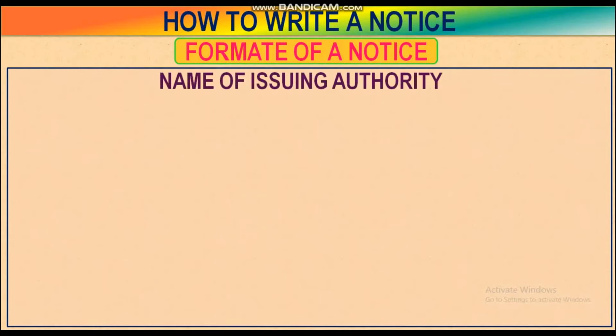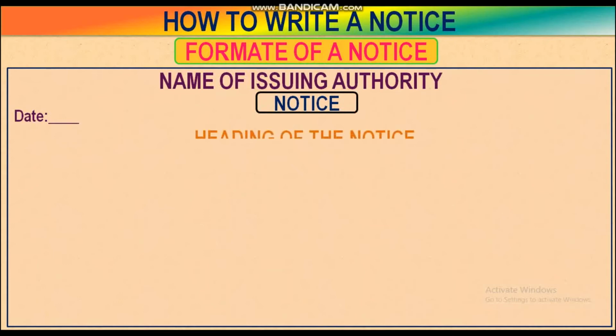After that, write the word notice in the center point in a box. Then, write the date on the left hand side. After that, write the body of the notice in the center point but below the date.